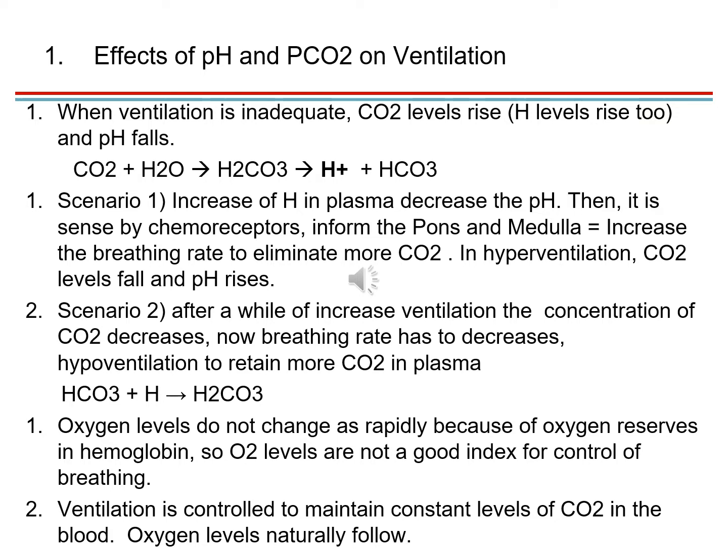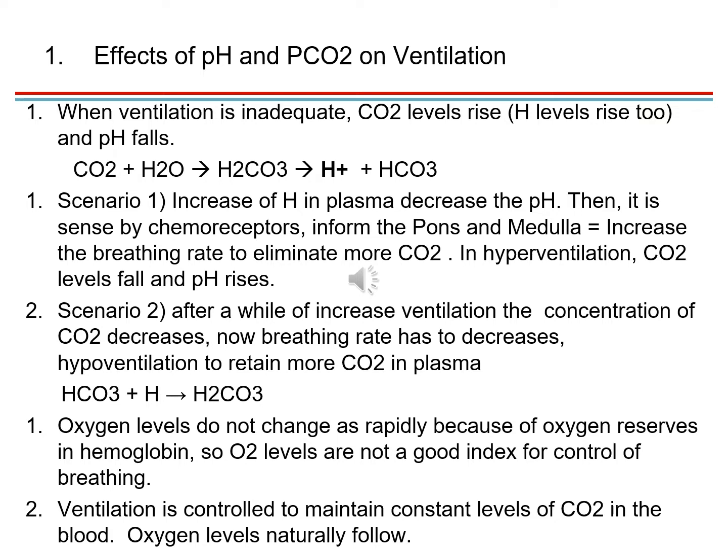Absorbing hydrogen, it is converted into carbonic acid. And in this way, bicarbonate has the function to absorb the excess of hydrogen, and this is how we increase the pH in that scenario.